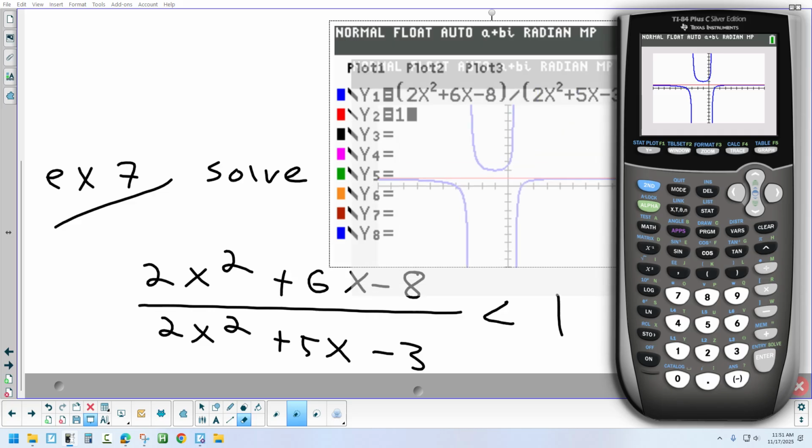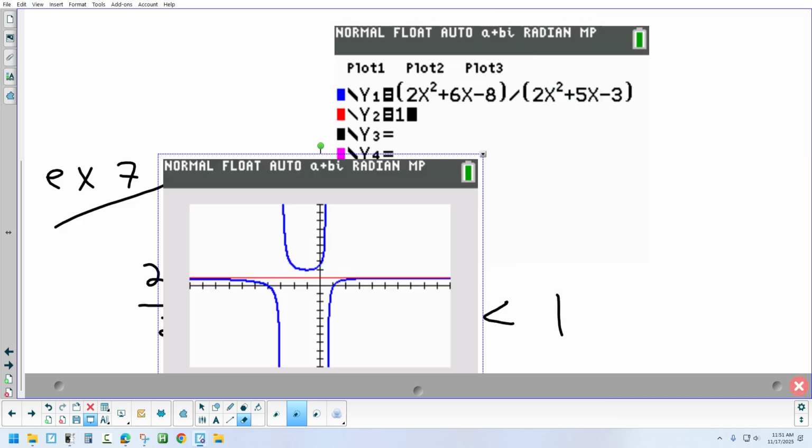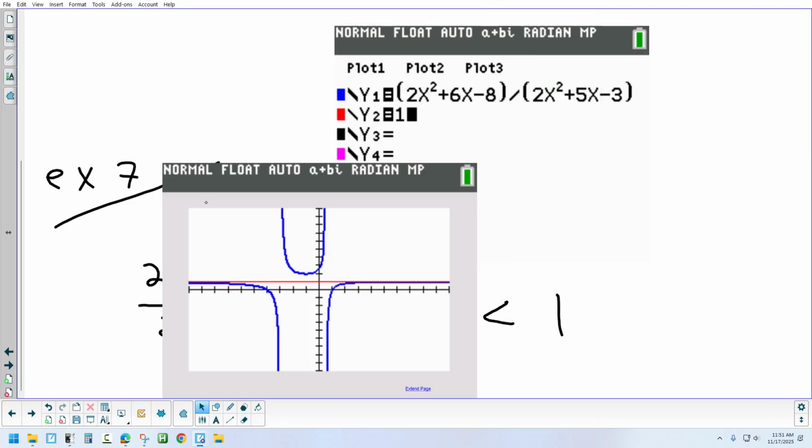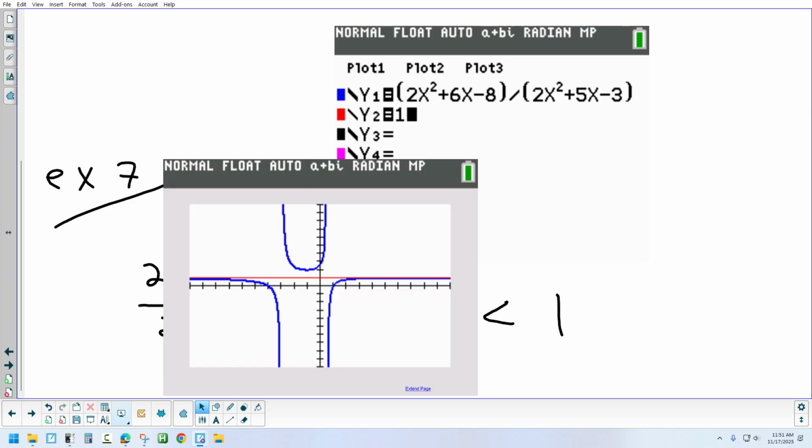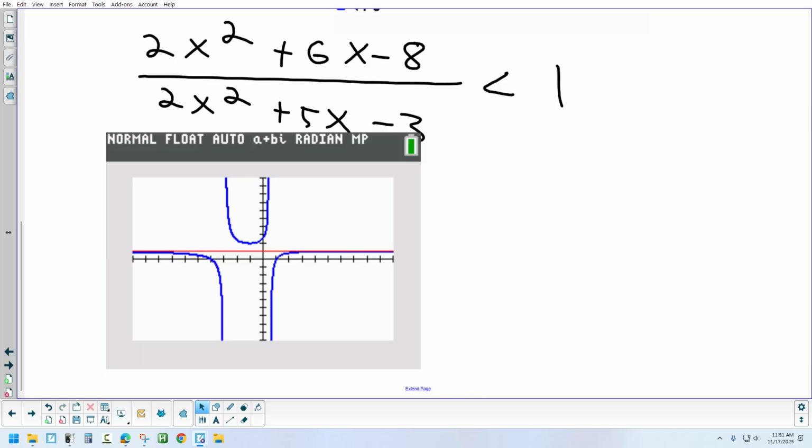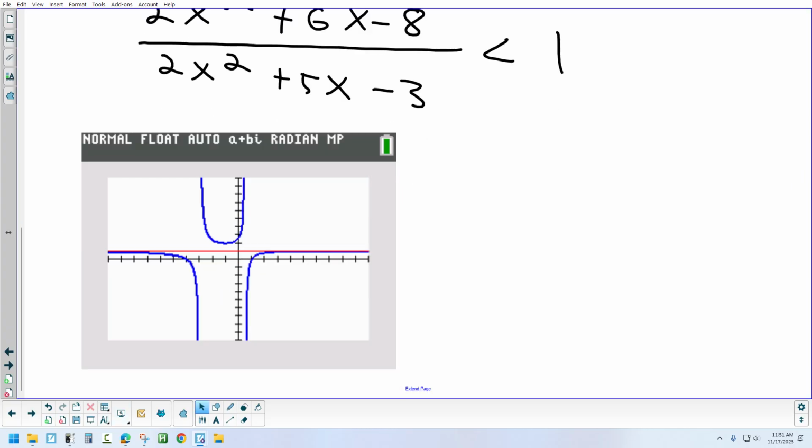All right, and let's look at this. So first of all, is the blue one ever under the red one? Yeah. Let's look at part 1, 2, and 3. Where does it look like the blue one is under the red one in those 3 pictures?